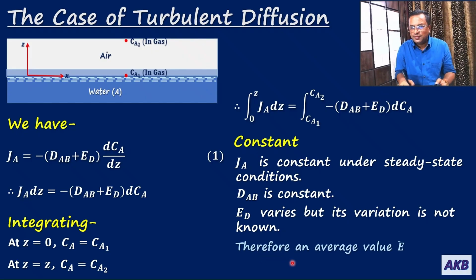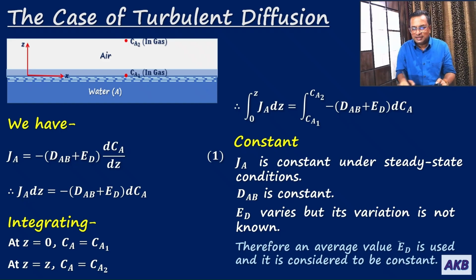So what is done? An average value of ED is considered to be constant. We take the average value, ED bar, in this equation, and it is considered to be constant. So in that case, the group DAB plus ED bar will be constant, and that can come out of the integral. Let us move ahead.